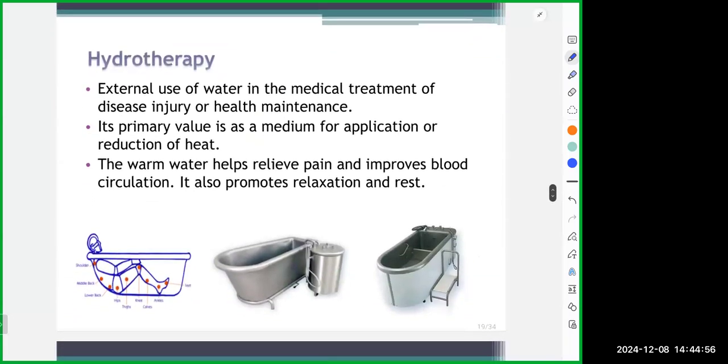And another one is about hydrotherapy. Sometimes, not just exercise in the water, but they have to control the temperature inside their body. So the therapist might put the patient into this tub and fill it with water, so they can change the temperature to a suitable one.